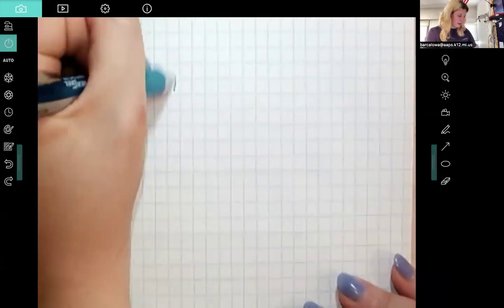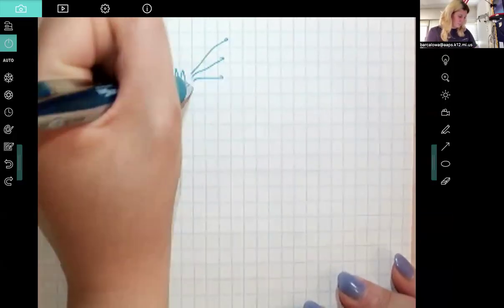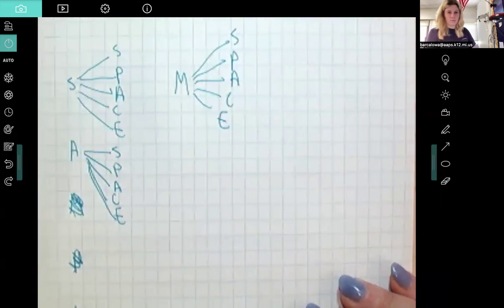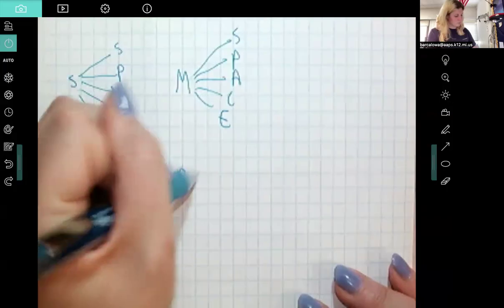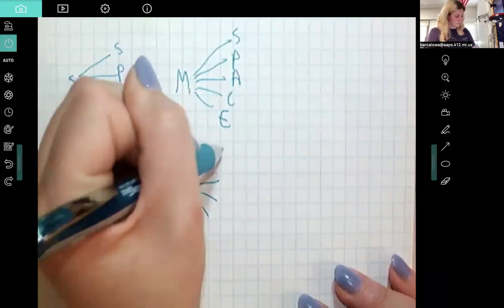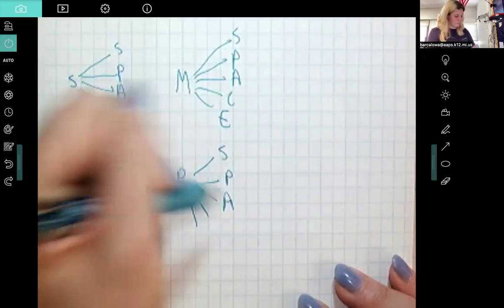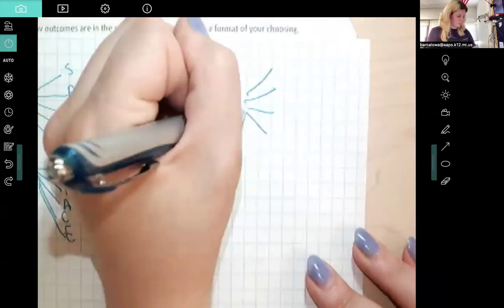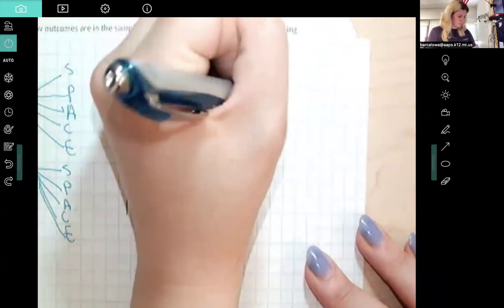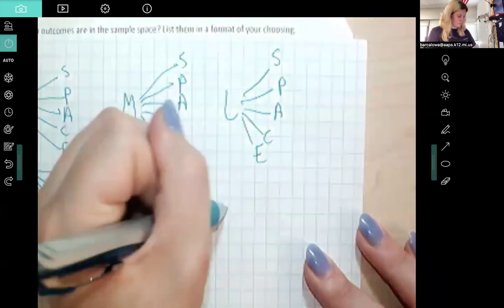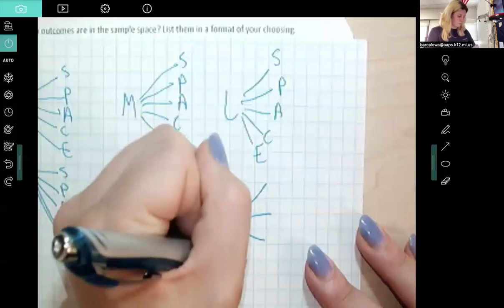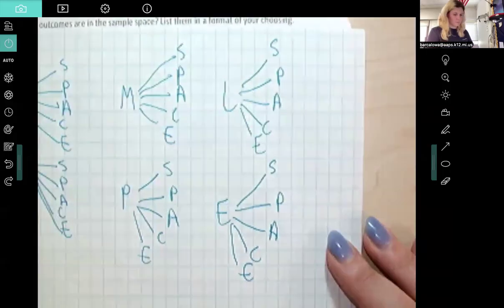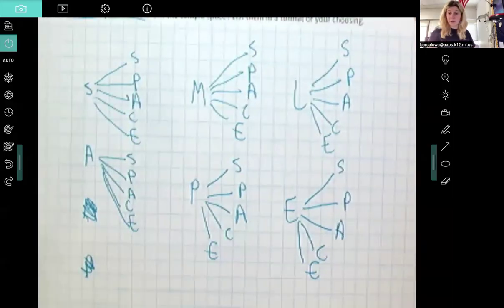So S, A, M, there you go. So there could be a tree diagram, right?